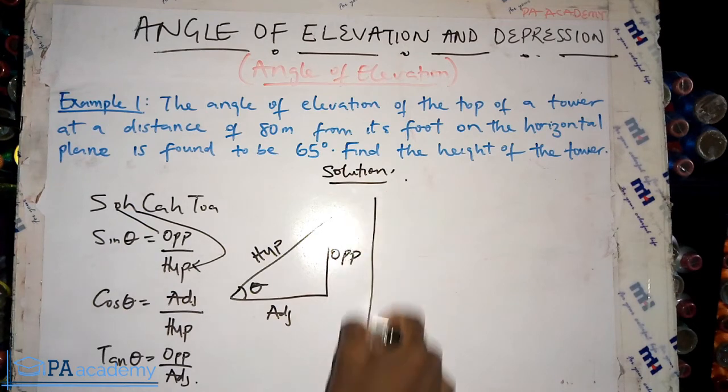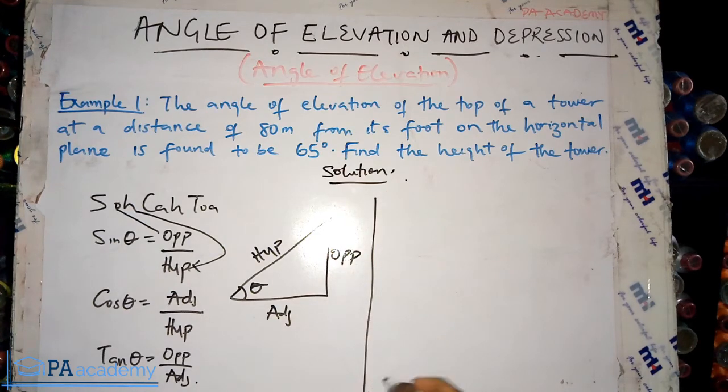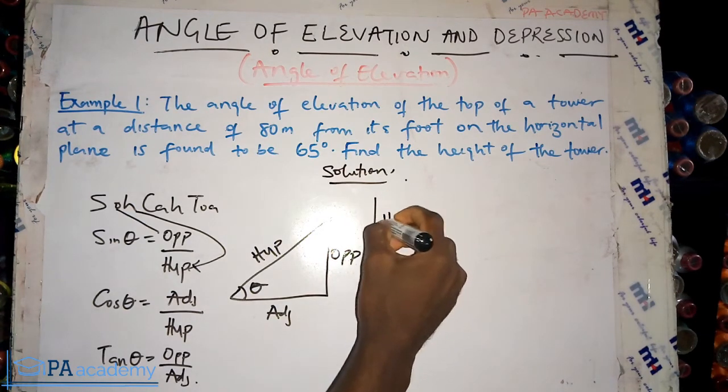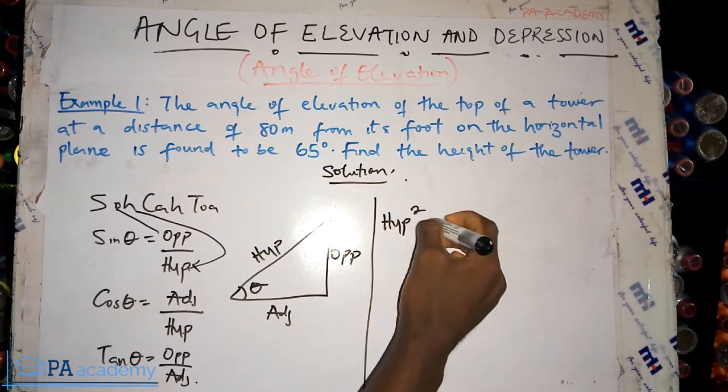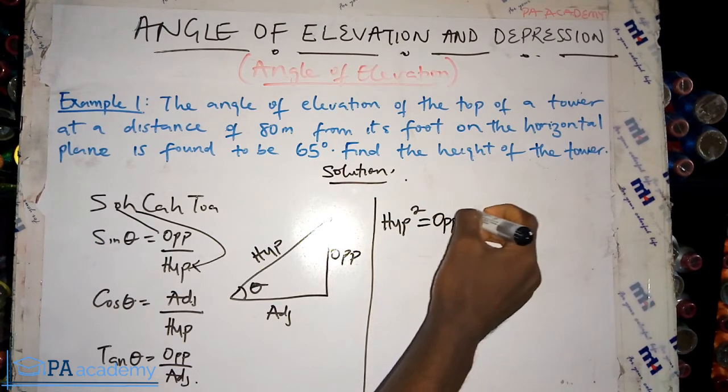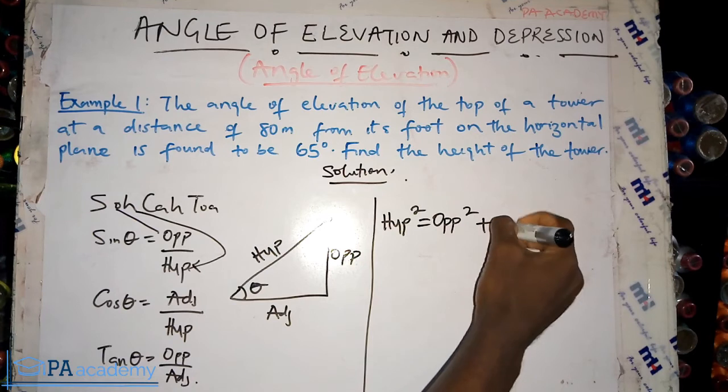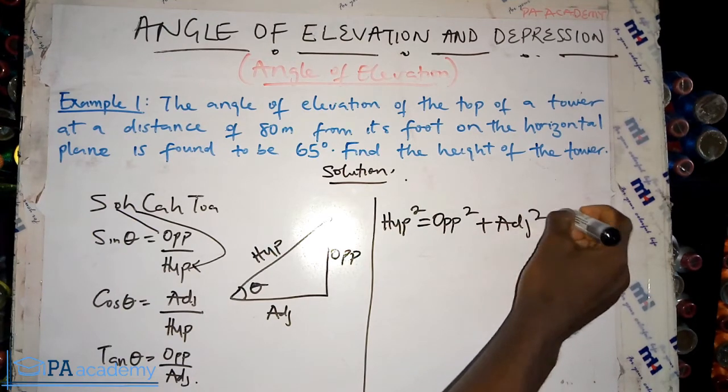Then another one is the Pythagoras theorem, which is hypotenuse squared is equal to opposite squared plus adjacent squared.